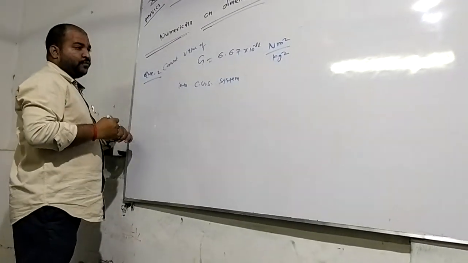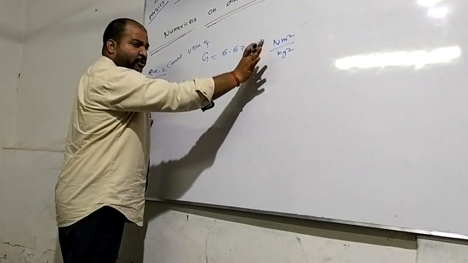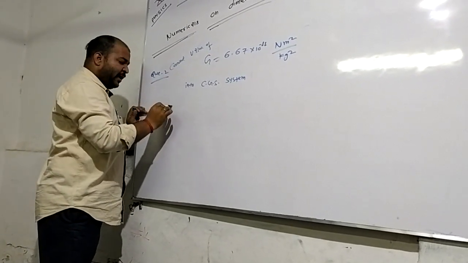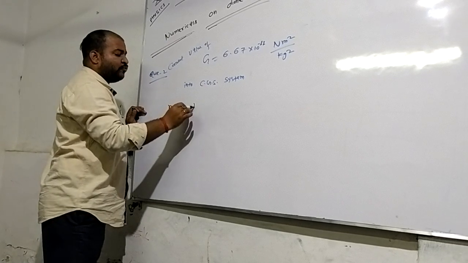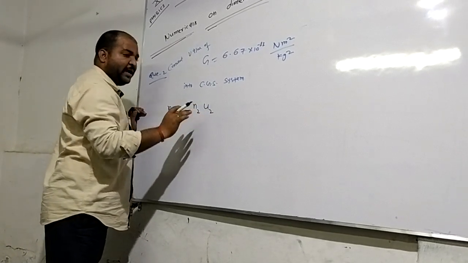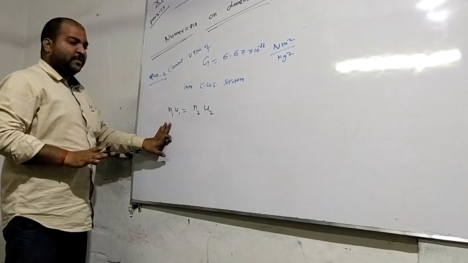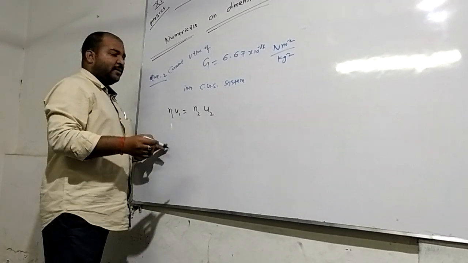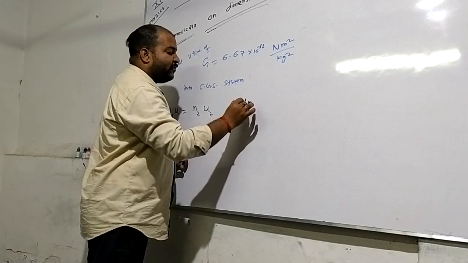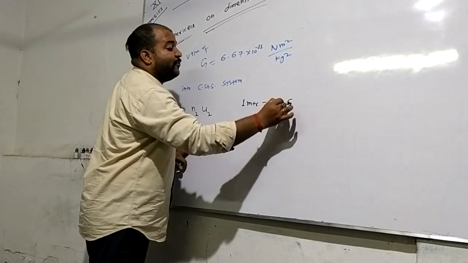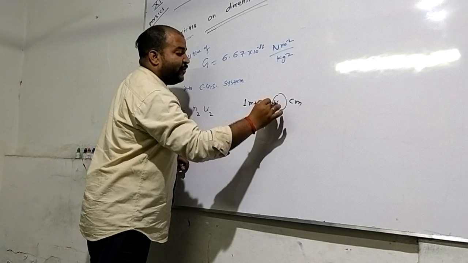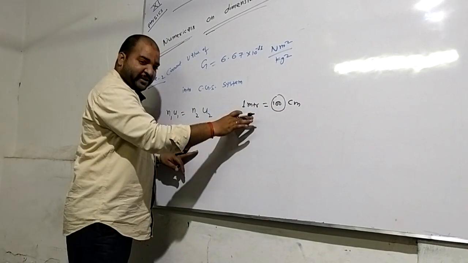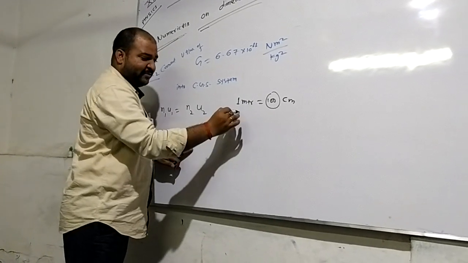As we know, this is the SI unit system. We are to convert G. As we know very well, the theme of this conversion is N1 U1 equal N2 U2. Suppose we are to convert 1 meter into centimeter, then we write 1 meter equal 100 centimeter. N1 is the numerical value in the first system, which is the MKS unit.